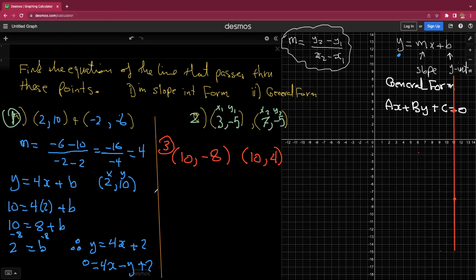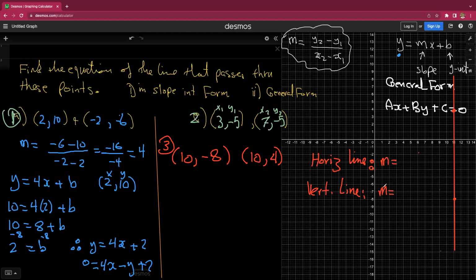I said when it's vertical or horizontal, you don't have to do any of this work. What's the slope of a horizontal line?